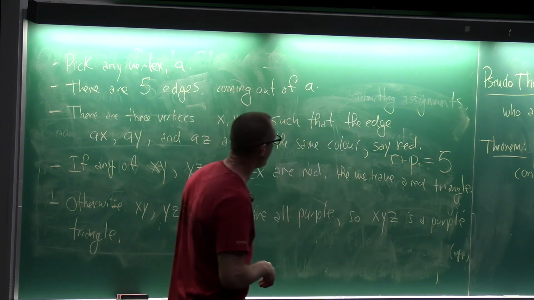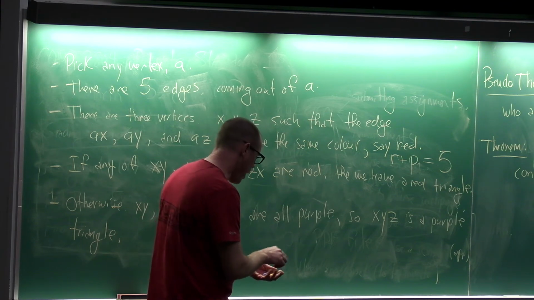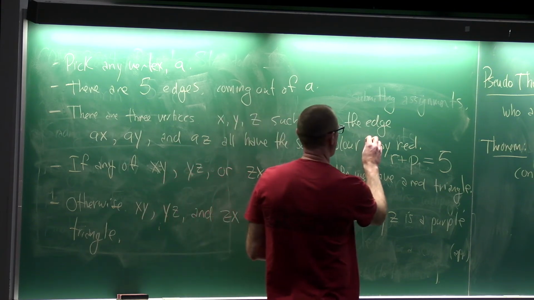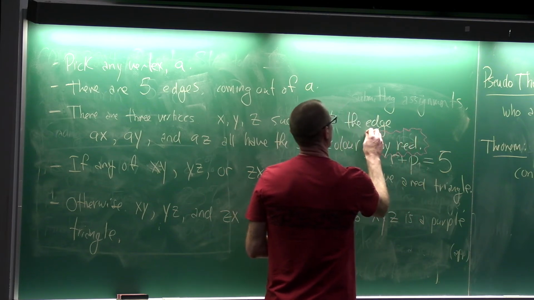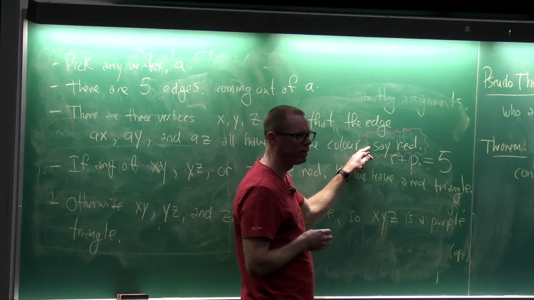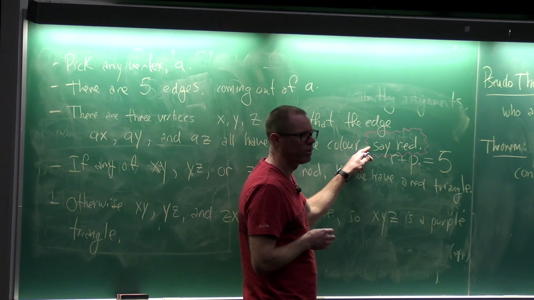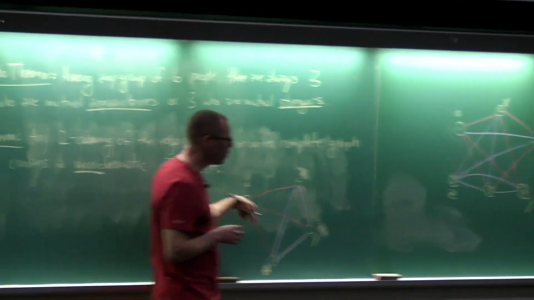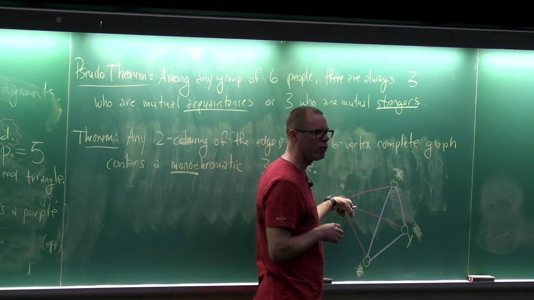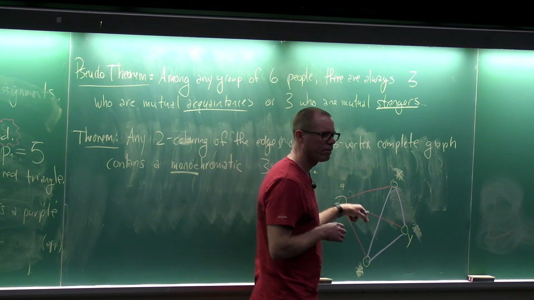So one of them is bigger than or equal to 3. And there's something that should maybe set off an alarm here. I wrote, say red, but it could also have been purple, right? In this example, I said there's 3 red edges coming out of here, but they might have been 3 purple edges.